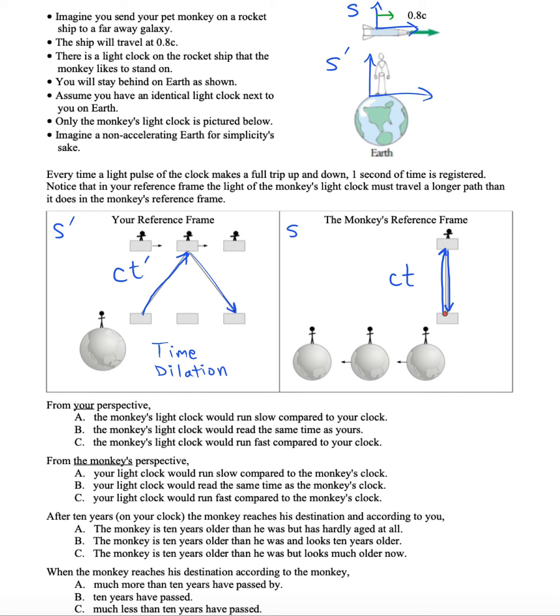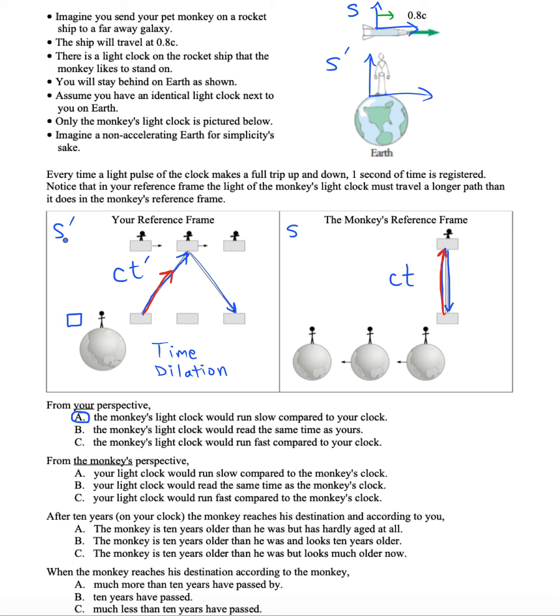So by the time his light beam would have already struck his mirror, from our perspective, the light wouldn't have got that far. So he couldn't register a second in our reference frame as quick as he could in his own reference frame. This means that we're going to perceive his clock to actually run slow compared to our clock. I mean, think about it.